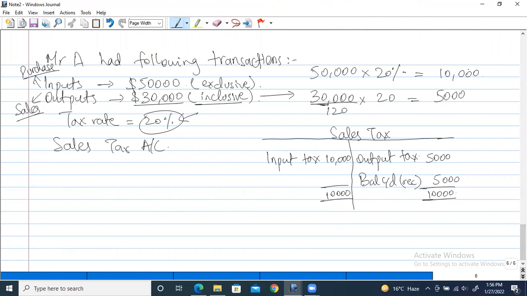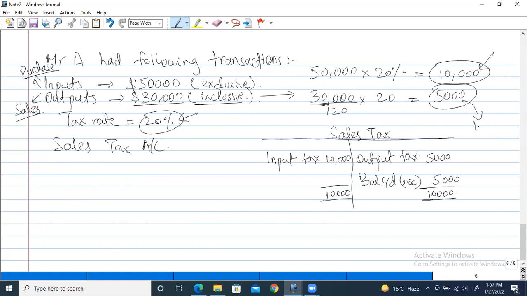Now let me prove how it is a receivable. 10,000 is the amount that we have to receive from the government. This amount will be refunded back to us. This 10,000 will be given back to us, and 5,000 is the amount that we have to pay out to the government. This is the amount that we'll receive back, and this is the amount that we'll pay to the government. So in other words, 10,000 is our income, 5,000 is the expense.